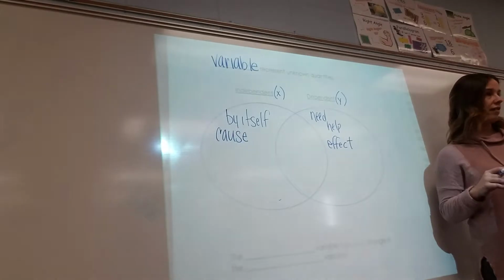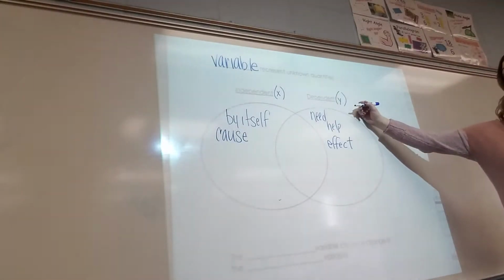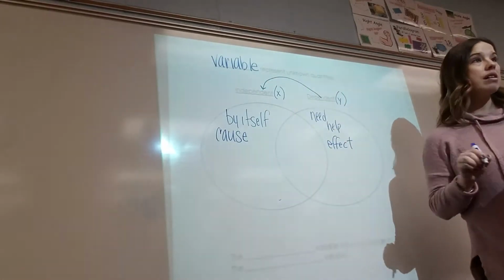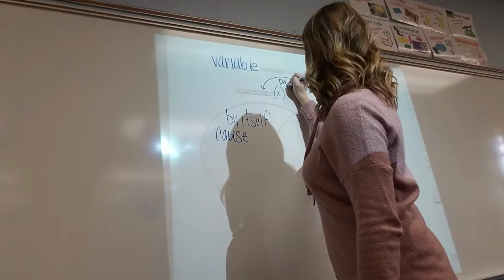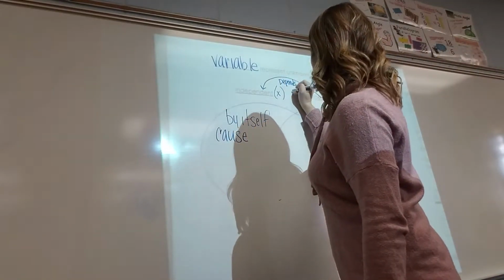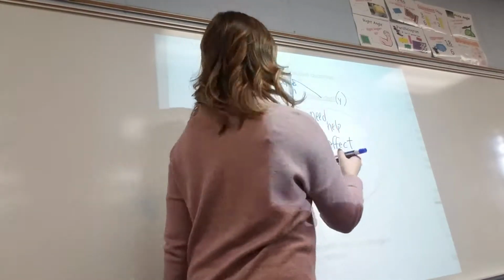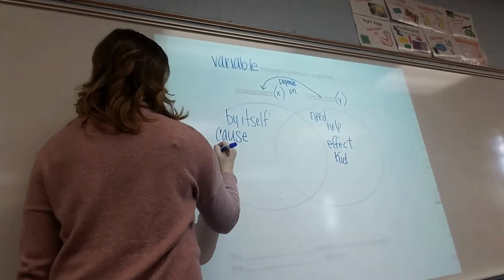So Colin is like our dependent. He depends on his parents. So your dependent depends on the independent. The dependent is like your kid, and your independent is like your parent.